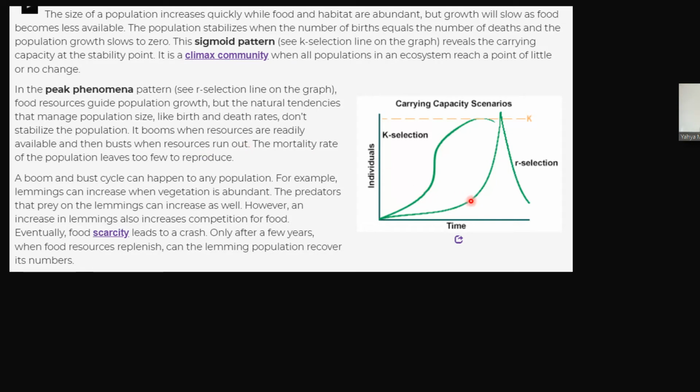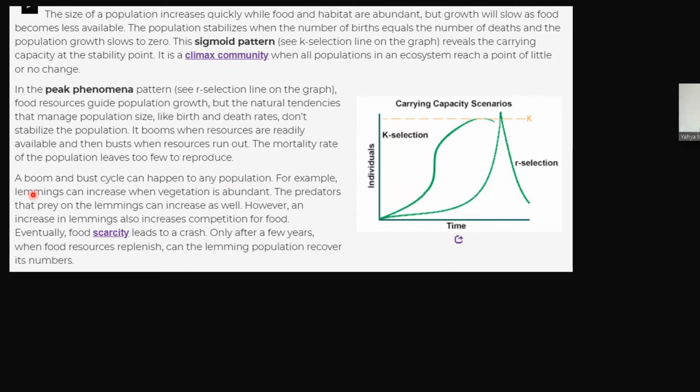So usually the fact that the population shoots up quickly is one reason why it crashes so quickly as well, because suddenly you eat all the food up, food is now gone, population crashes because there's nothing to eat. So the mortality rate leaves too few to reproduce. A boom and bust cycle can happen to any population.